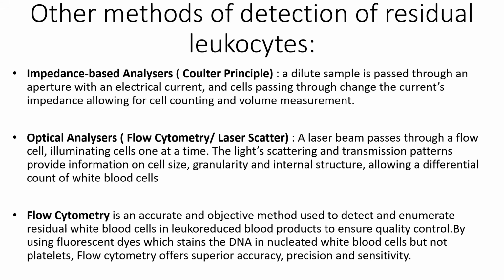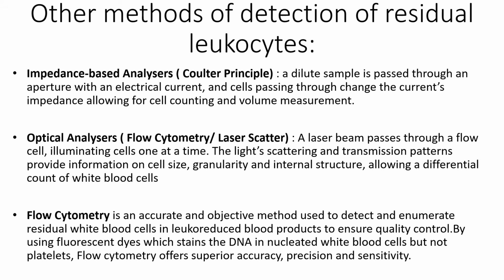Optical analyzer, flow cytometry or laser scatter. A laser beam passes through a flow cell, illuminating cells one at a time. The light's scattering and transmission patterns provide information on cell size, granularity, and internal structure, allowing a differential count of white blood cells.